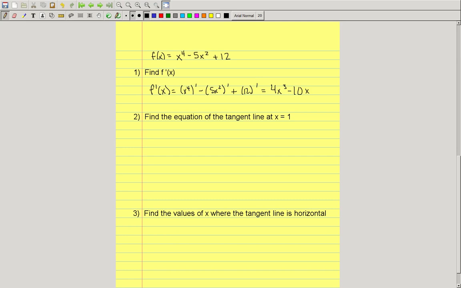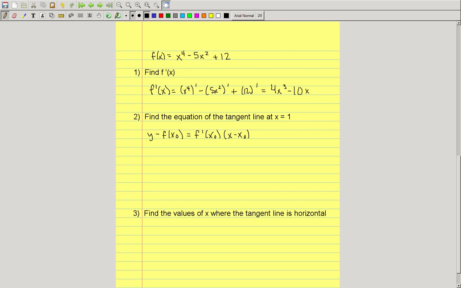Let's start by writing down the calculus version of the slope-intercept form of the equation of a line. We get y minus f of x naught equals f prime of x naught times x minus x naught.